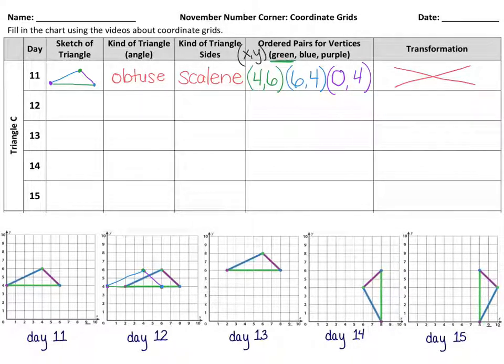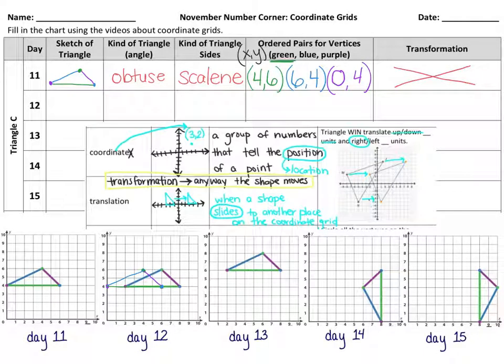And we can see from day 11, the first triangle, to day 12, that the green point moved to the right 1, 2 spaces. The purple moved to the right 1, 2 units, and the blue moved to the right 2 units. So in our transformation box, we are going to write, it's called translation, when a shape slides to another place on the coordinate grid.